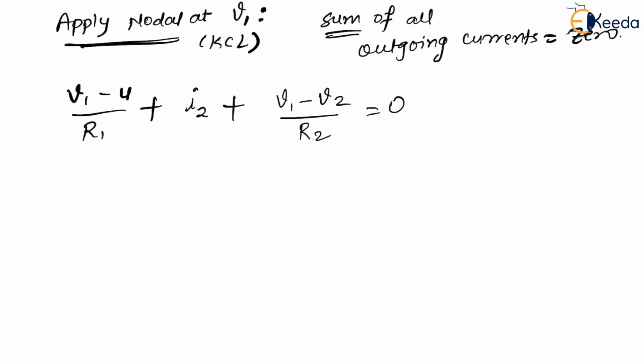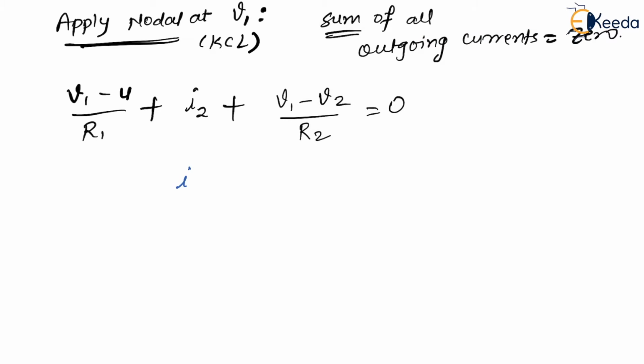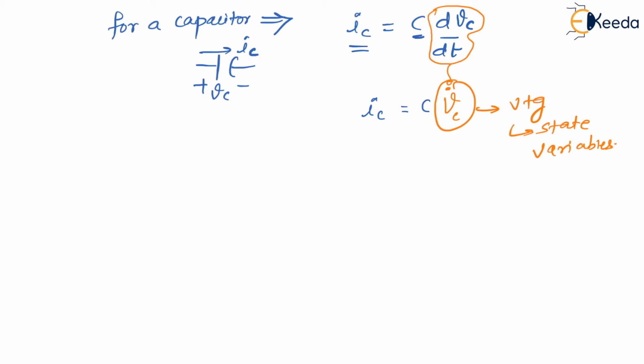Now what about I2, sir? Yes, I2 current is going to be C1 into V1 dot. How, sir? Because capacitor current is nothing but C into Vc dot.